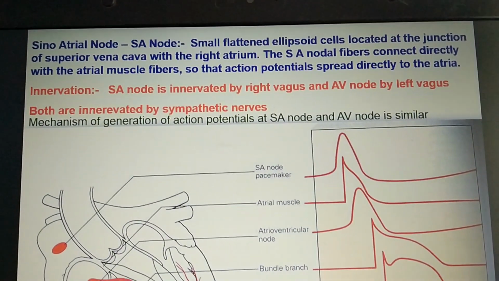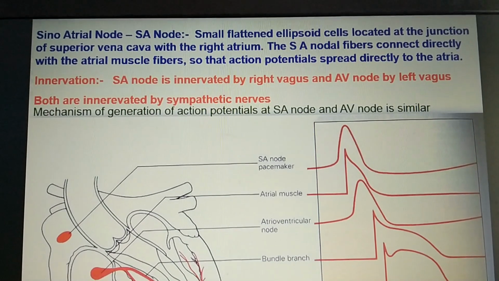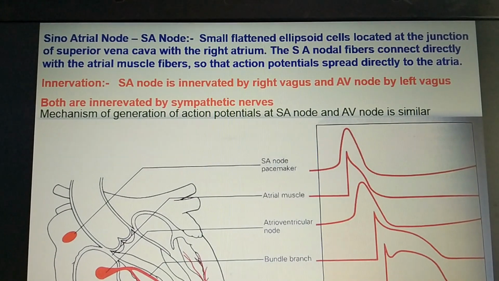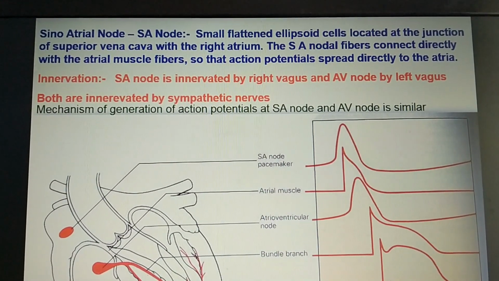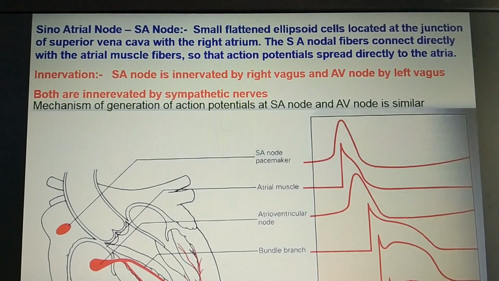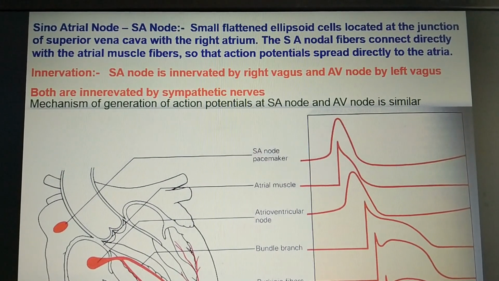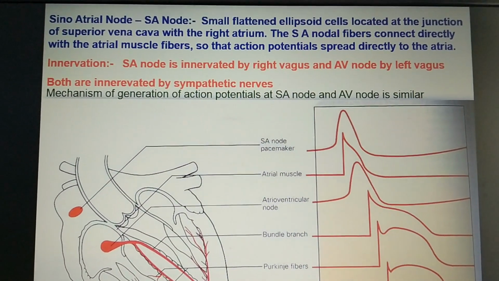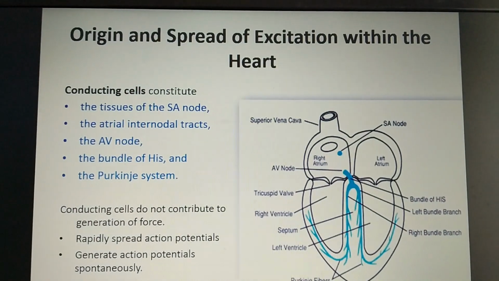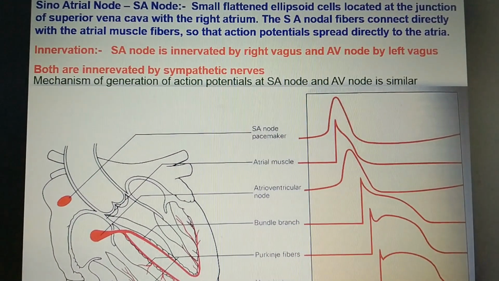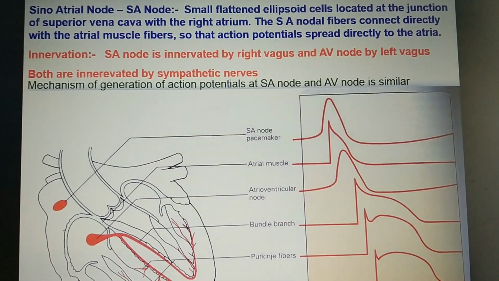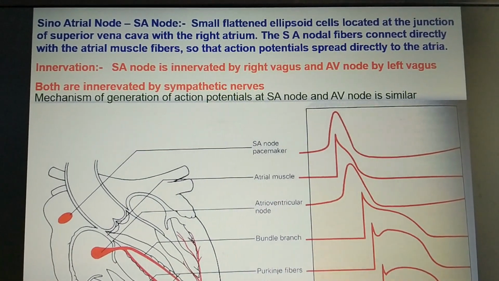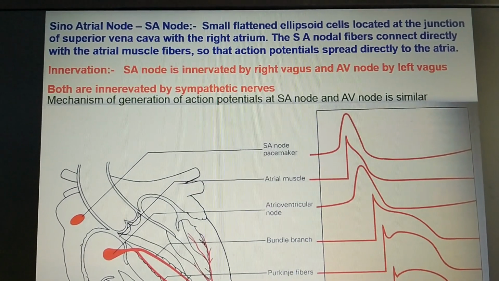The sinoatrial node consists of ellipsoid cells located at the junction of the superior vena cava with the right atrium. The SA nodal fibers connect directly with the atrial muscle fibers so that the action potentials spread directly to the atria. However, we have seen that there are tracts known as atrial internodal tracts, but for the right atrial musculature the impulse can be transmitted from the SA node straight to the atrial cardiac tissues.